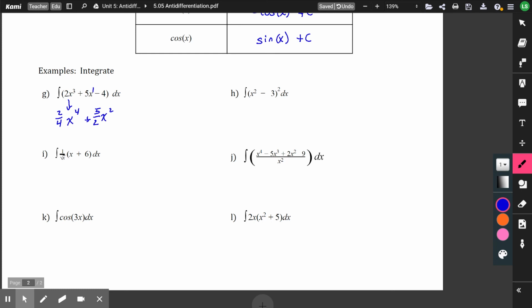And then the 4, this is technically x to the 0 power, but here we're going to say this is going to be -4 times an x, since 4 is just a scalar number. So we can reduce this a little bit, and it's going to be 1/2 x to the fourth, 5/2 x squared, minus 4x, plus a c is going to be our antiderivative.